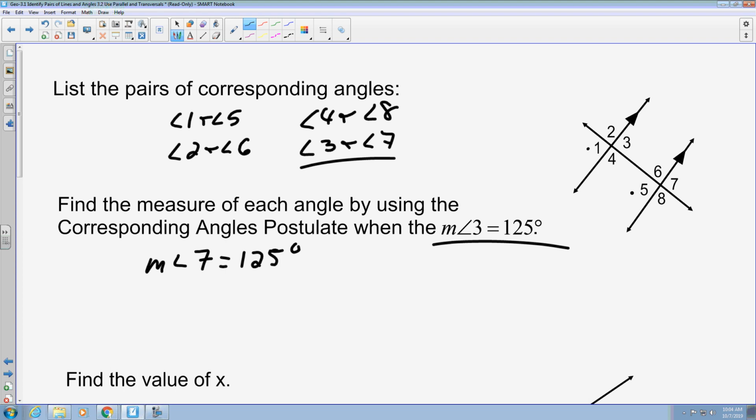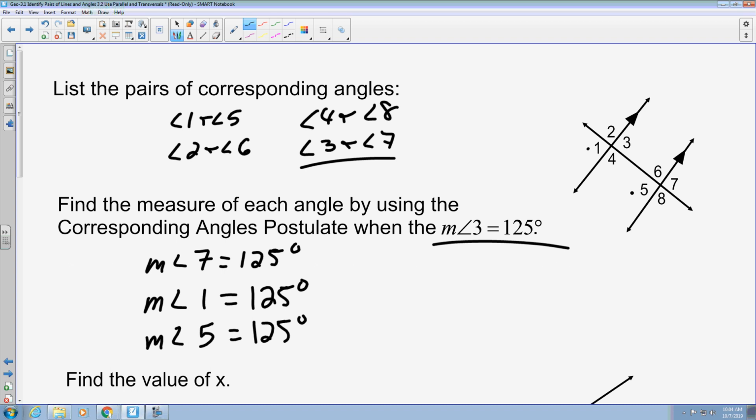Also, the measurement of angle 1 is 125 degrees. I could have used alternating exterior angles, or vertical angles. And knowing angle 1 is 125, angles 1 and 5 correspond, so angle 5 is 125 degrees.